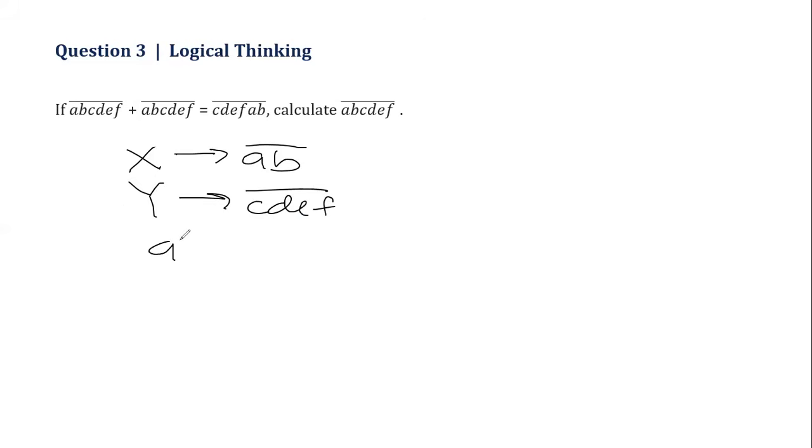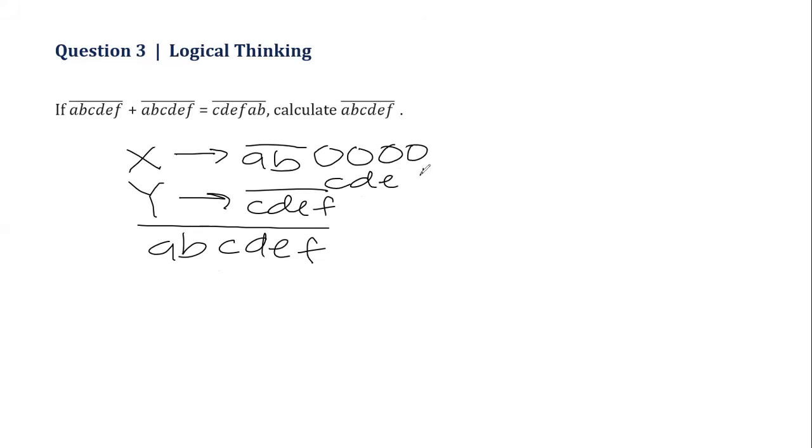Since A, B, C, D, E, F is a 6-digit number, you need to add 4 zeros in front so that you can just add the value of y.